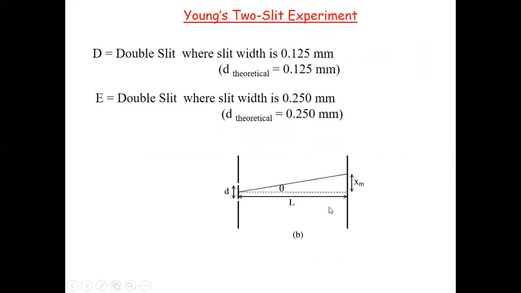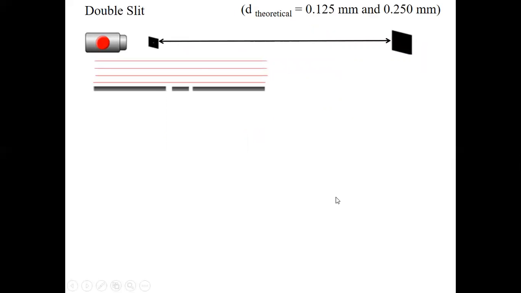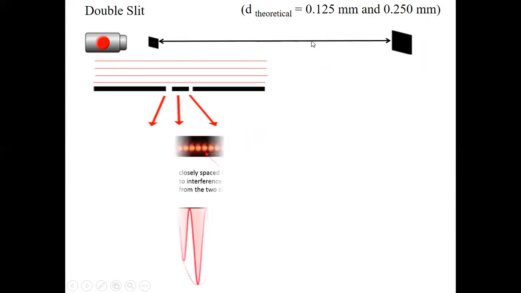Here is the picture in your lab manual. D is the distance between the two slits, and XM, again, is the distance from the central maxima to the first minima, second minima, third minima, and so on for each order number, and L is the distance from the slit to the screen. As I mentioned, you were given this red laser light and the diffraction grating with all these slits, and the screen located 2 meters away.